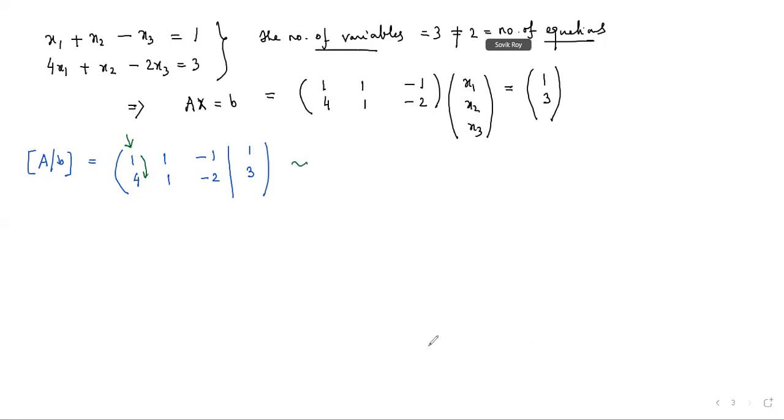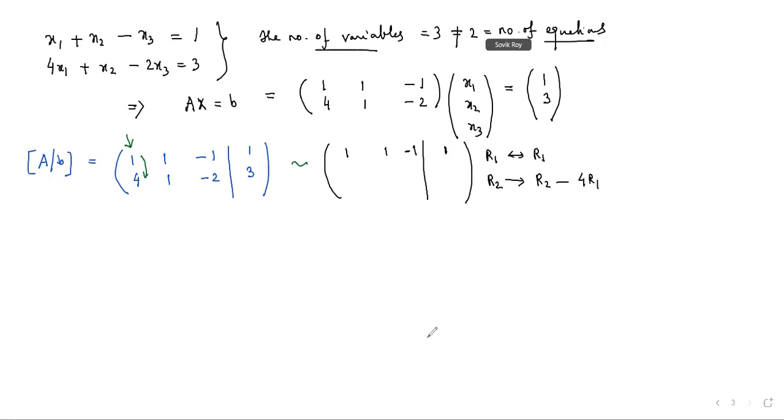For this, I'm going to keep R1 fixed. Since I'm going to change R2, I'm not permitted to subtract R2 from any other row; I have to subtract other rows from R2. That is the rule. So we do R2 minus 4 R1.